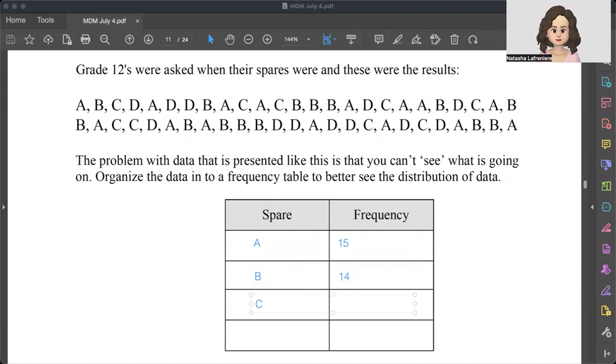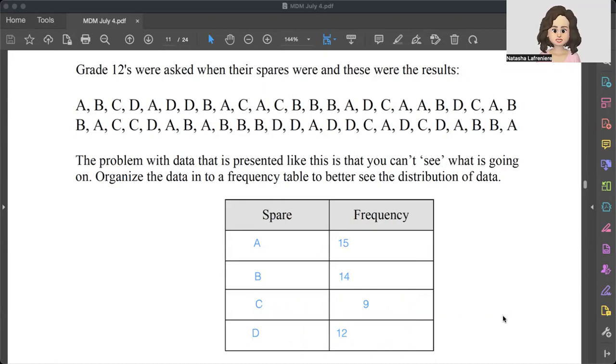Students with C spare, there are 9. And for students with spare during B or D period, there are 12. There we go.